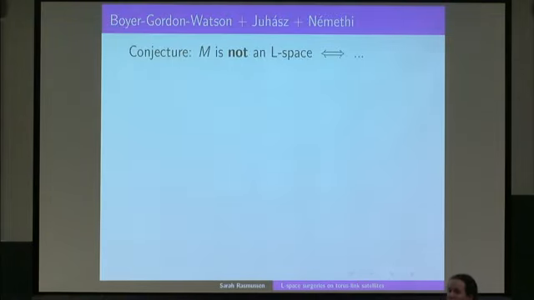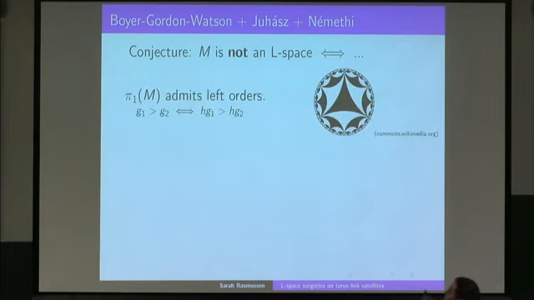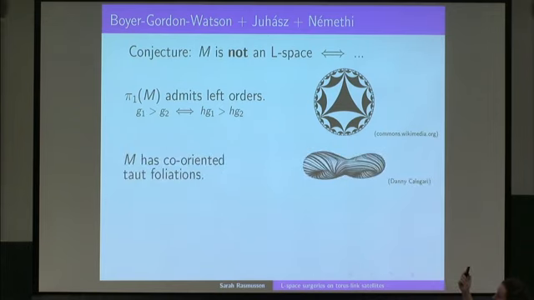And there's a conjecture of Boyer, Gordon, Watson, and Juhász and Némethi. The first one: M is not an L space if and only if its fundamental group admits a left-invariant order. Juhász wrote down the conjecture that is implicit in that paper of Boyer, Gordon, and Watson: M is not an L space if and only if it has a co-oriented taut foliation.